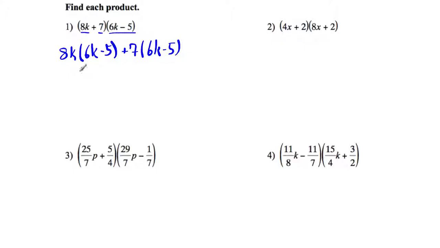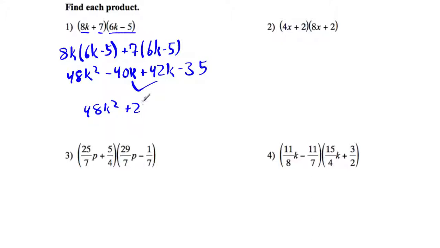And so if we distribute this in, we're going to get 48k squared minus 40k plus 42k minus 35. Combine my two middle terms, and I get 48k squared plus 2k minus 35. We don't want to factor this because that would undo what we did, and we'd actually get this answer. So I leave my answer as that.